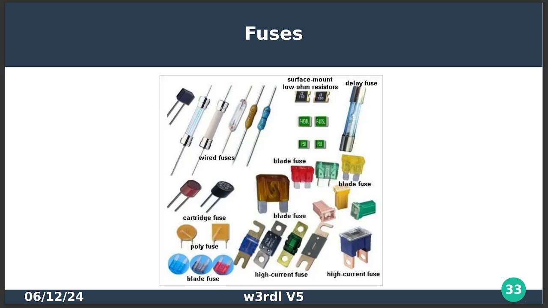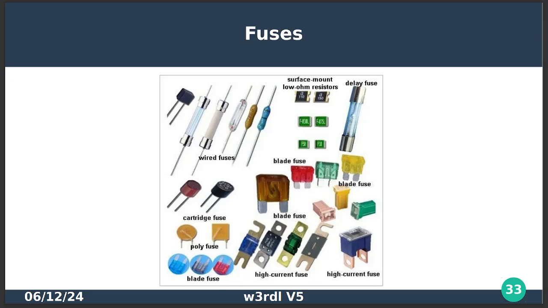So anyway, all those there are various different types of fuses. The wired fuses there, you'll see the ones on the right side of that line there. Those are called pico fuses. We have those in a lot of the equipment we work on at work. You know, the blade fuses are what's in everybody's cars these days.